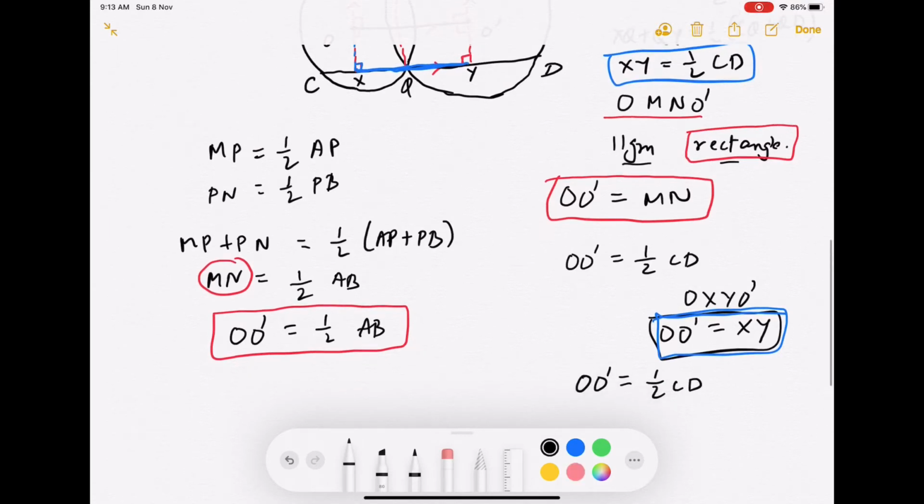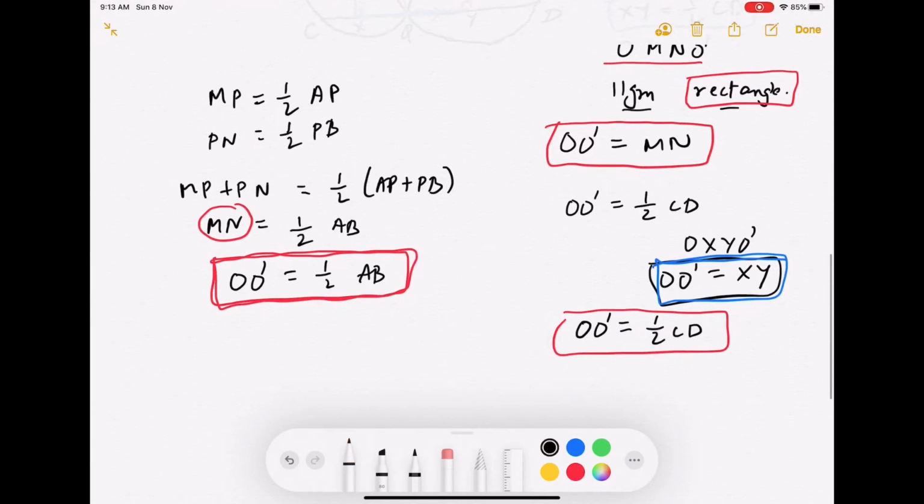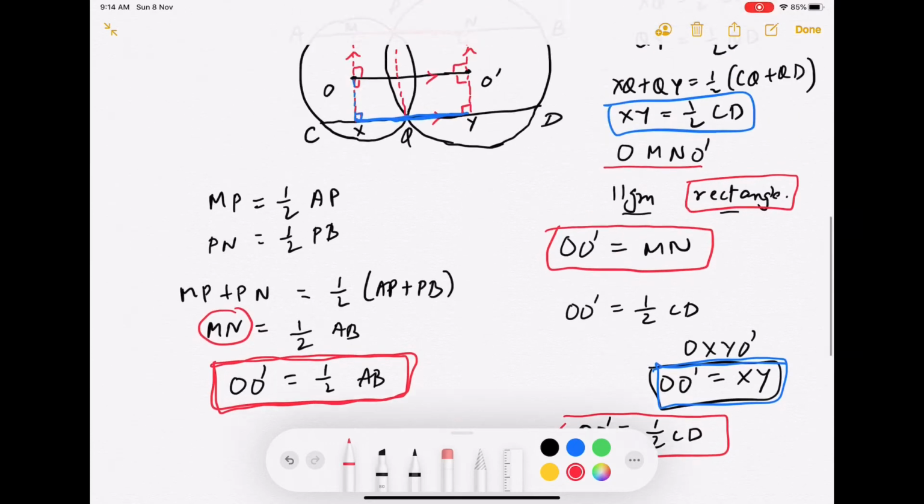Now from here, OO dash is half of CD and OO dash is half of AB. The left hand sides are equal, so the right hand sides must be equal, which implies that AB is equal to CD. This is the second part of the proof which I wanted.